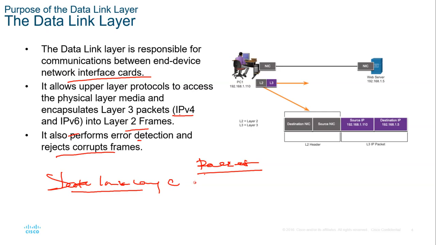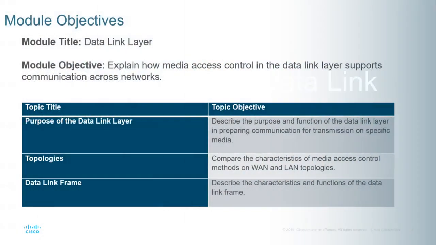In the header there is always a source MAC address and a destination MAC address, as we're going to look at in the data link frame.